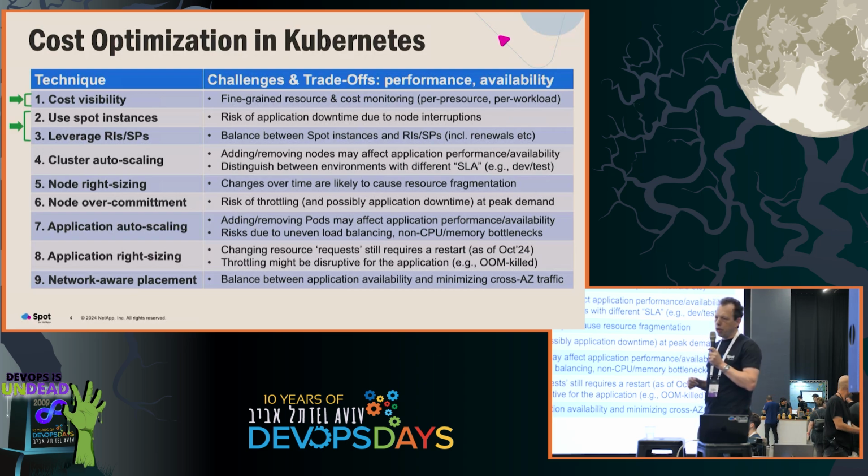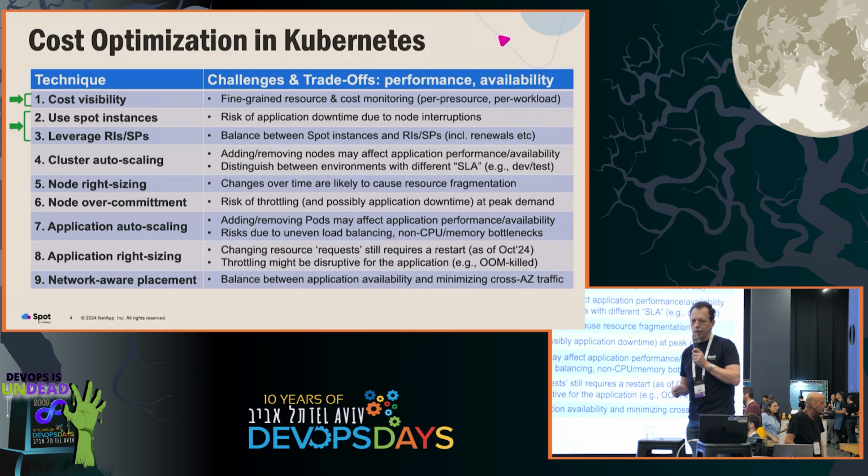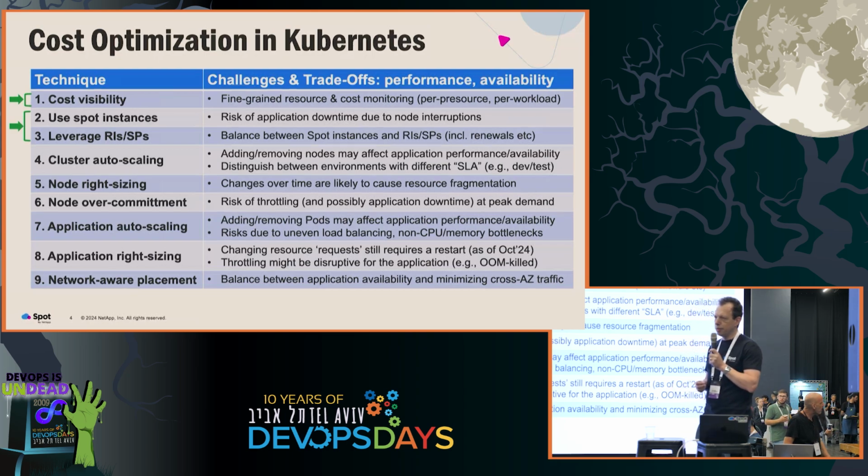The only catch is that the cloud provider can take them back when they need it, so your application needs to be ready to be interrupted. But if you do it right, you can save a lot of money, like 80% or even more.